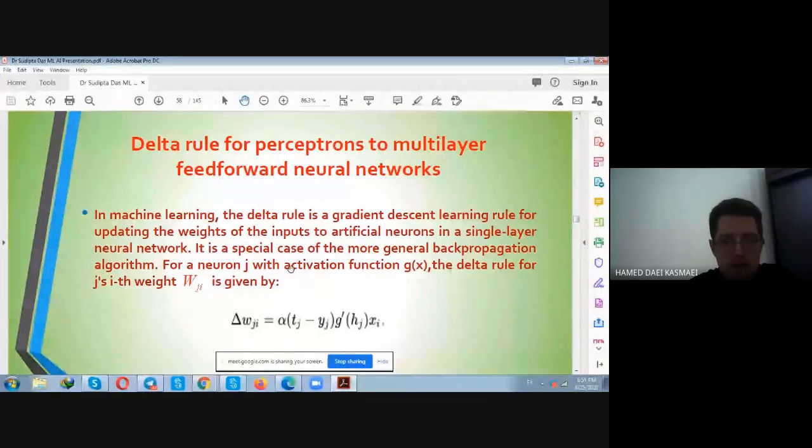For a neuron j with activation function g(x), the delta rule for j's weight W_ji is given by delta W_ji equal to alpha times (t_j minus y_j) times g prime, the differentiation of g with respect to h_j, multiplied by x_i.